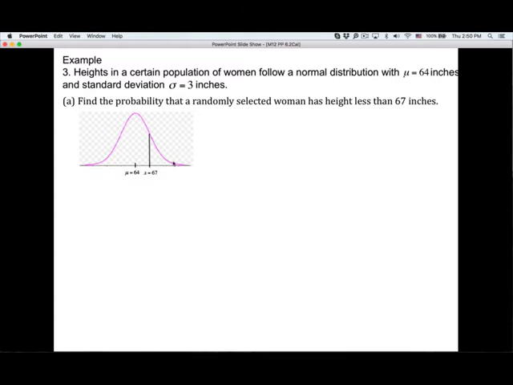It should be the area to the left, right? Because they say less than 67 inch. So this is what we're looking for. Okay, so they give the x and you want to find out the area. So we'll be using normal CDF, all right? Normal CDF.